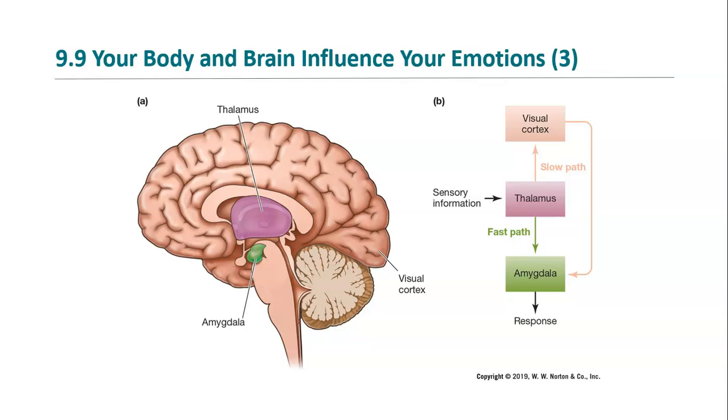Within the amygdala itself, there are actually two areas, nuclei, which is sort of a bundle of cells, that are especially important for determining emotional responses. The lateral nucleus, this is on the side, obviously, of the amygdala, is what links the environmental stimulus to the physiological response.